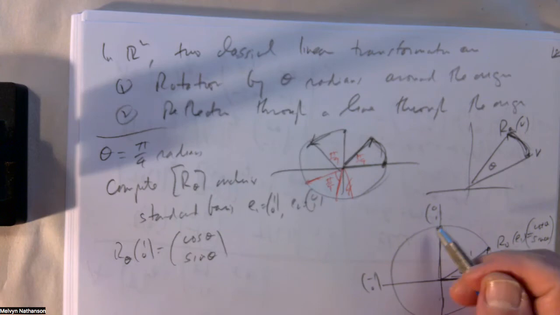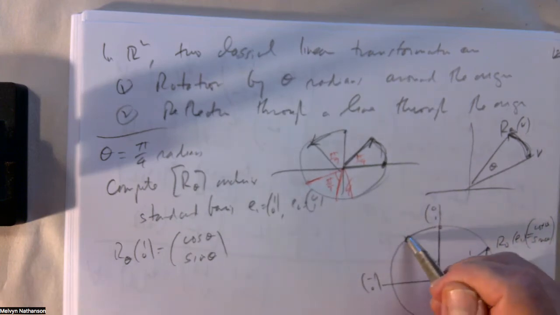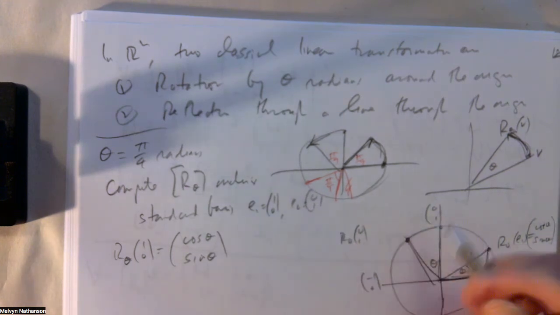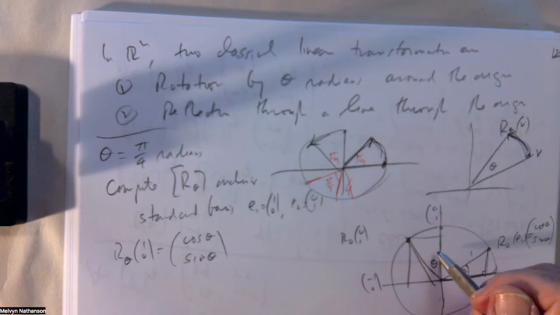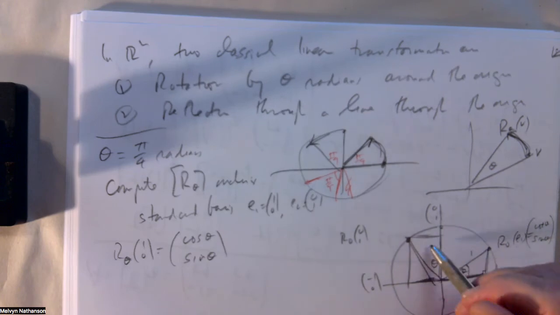You take the vector (0, 1), and you rotate it by an angle theta. What are the coordinates of r theta of (0, 1)? Well, the x coordinate, which is negative in this case, this over 1, that's the sine of theta.